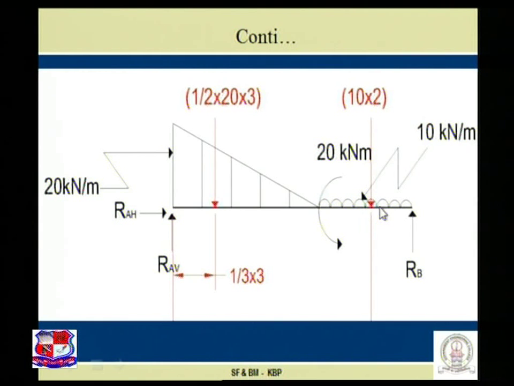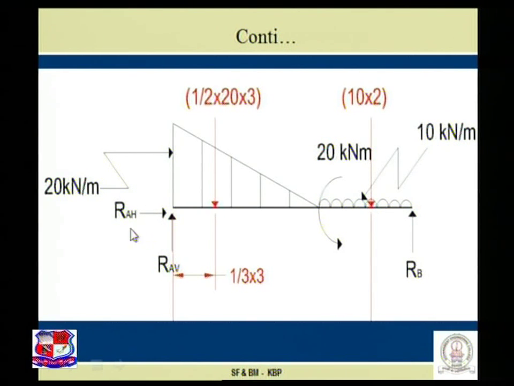This is half into 20 into 3 acting at the CG, at a distance of 1/3 into 3. This is 10 into 2 UDL acting at the CG, the exact center point of the UDL.